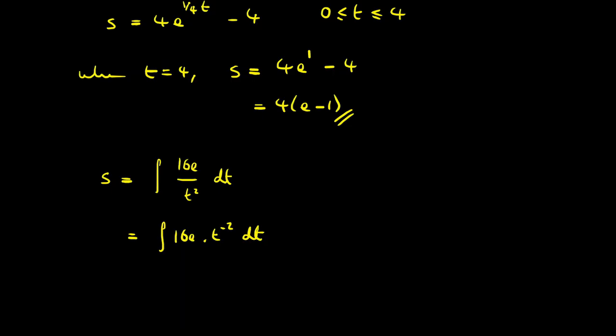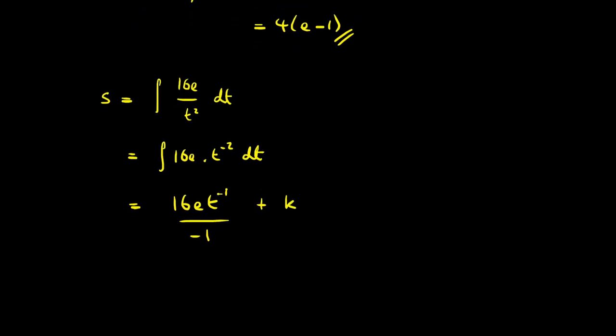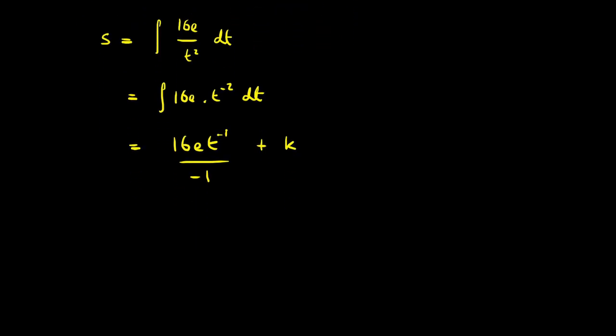Remember, e is just a constant number, right? So we can just treat it as a constant. So we're going to get 16e t to the power of -1 divided by -1 plus another constant, which I'll call k. Okay? All right then, so what I've got here is minus 16e upon t plus k.